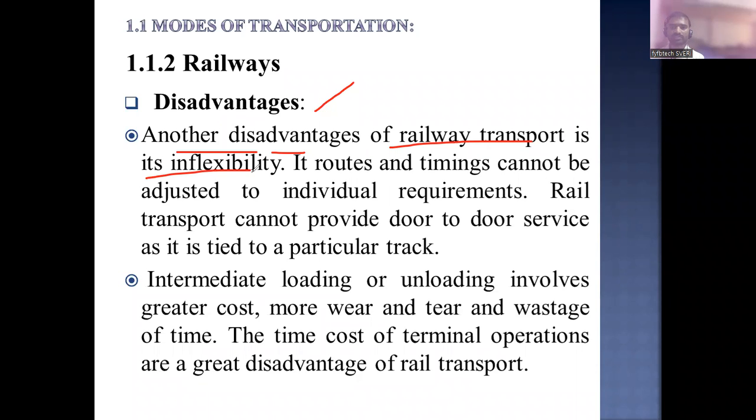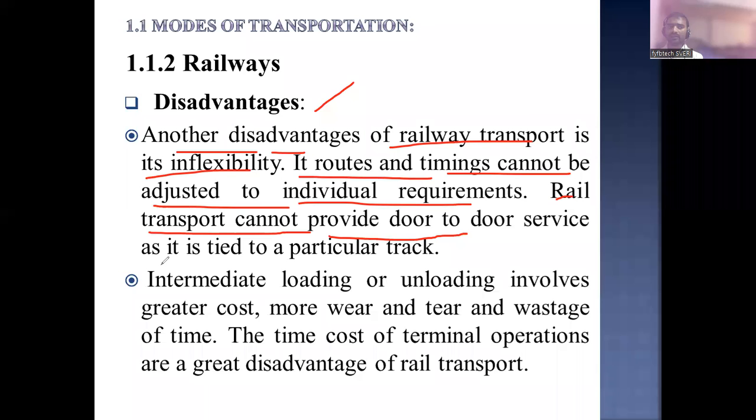Inflexibility means you cannot change. So railway transportation has inflexibility. Its routes and timings cannot be adjusted. Once the route is fixed, you cannot change the routes to individual requirements. Rail transport cannot provide door-to-door services, and it is tied to a particular track.